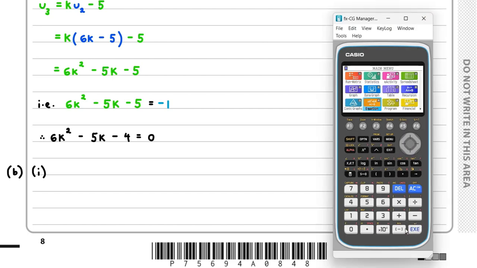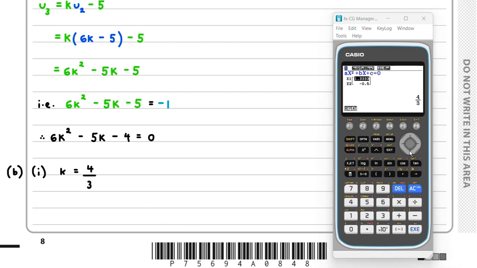Using our calculator to help us solve this quadratic equation, we have k equals 4/3 or k equals -1/2. And we know that k is greater than 0, meaning the only value of k is 4/3.